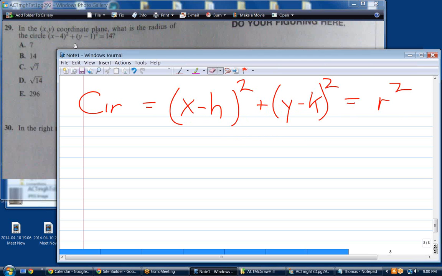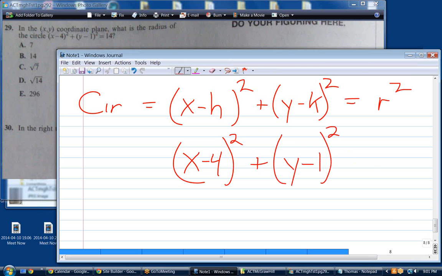So, if my function is (x minus 4) squared plus (y minus 1) squared equals 14, what's the radius of that circle?